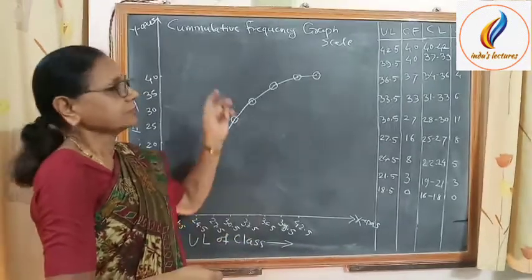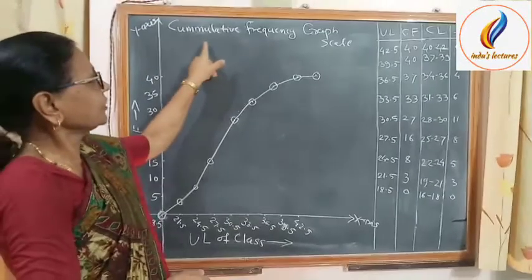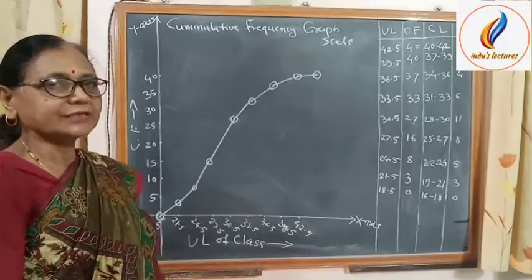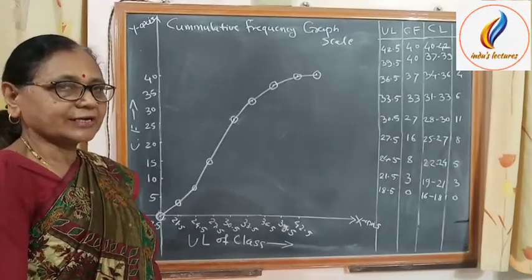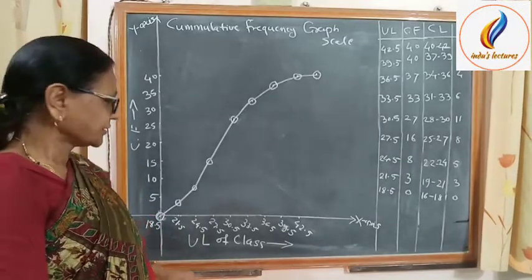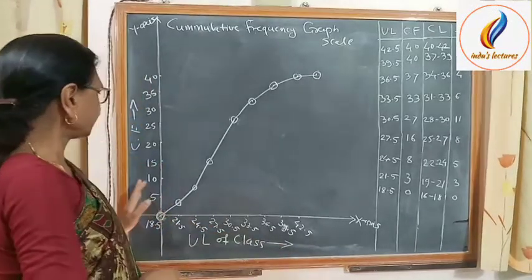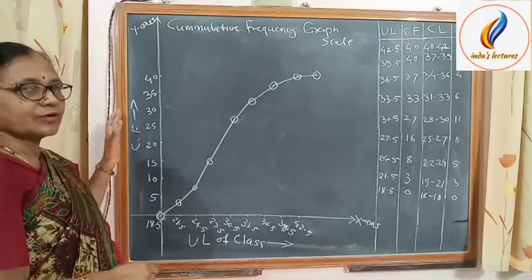Then we prepared the title, then decided the scale along the coordinate axes. Along the x-axis we took the upper limit of class interval, and along the y-axis the cumulative frequency.